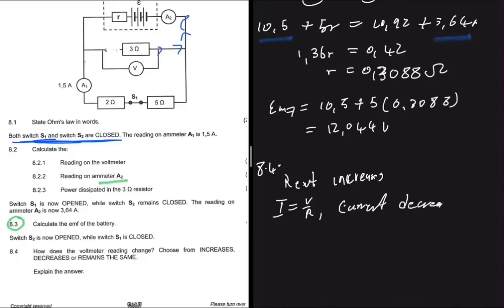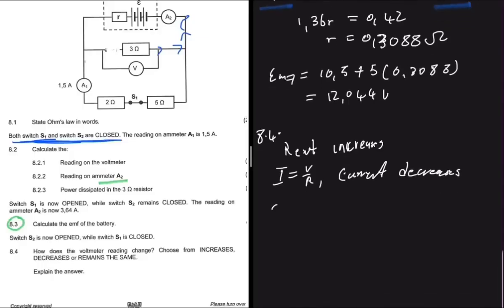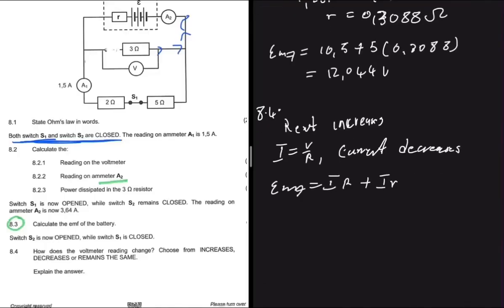Current decreases. Let me show you something: EMF is equal to I multiplied by R plus I multiplied by the internal resistance. If the current decreases and our internal resistance stays the same, then V internal is going to decrease, right?